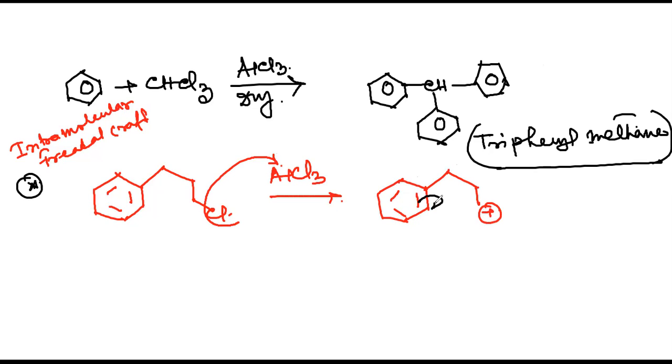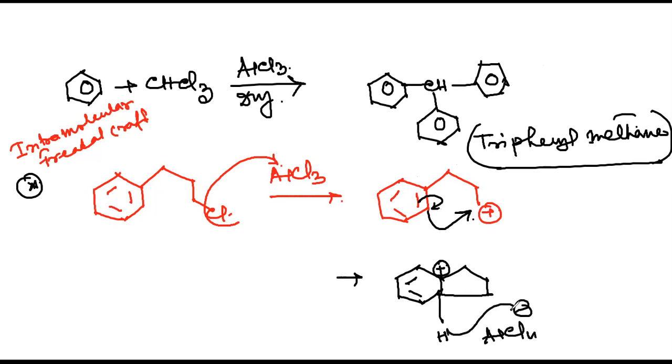So there is no shortcut here. I'm absolutely sorry for that. You should know the mechanism. This kind of question is asked in very important examinations. Okay, so this is the intramolecular Friedel-Crafts reaction.